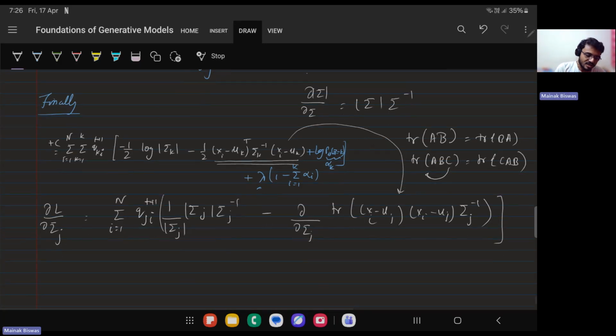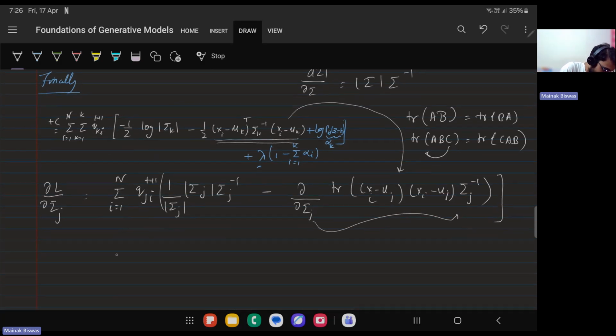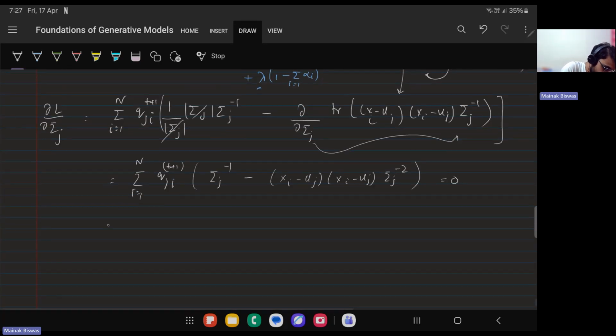Once I have the trace, which is a linear operation, I can take this derivative inside, and I get the sum over i equal to 1 to n of q_ji^(t+1) Sigma_j inverse minus (x_i minus mu_j)(x_i minus mu_j) transpose Sigma_j to the power minus 2. This is another property of the trace, and I'll set it to 0. Once I set it to 0, you can multiply Sigma_j squared on both sides.